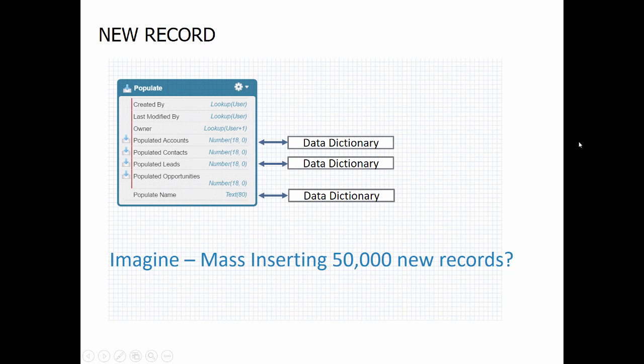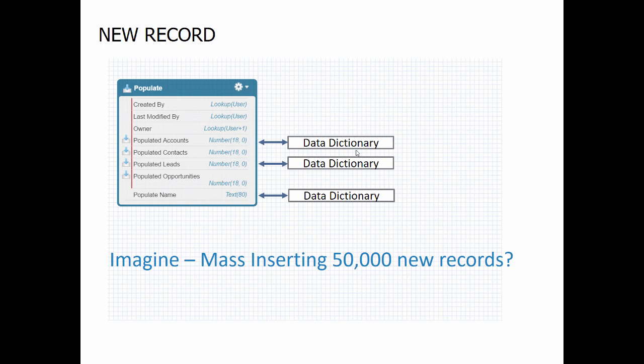Whenever you create a new record, let's say, for example, I've got 1, 2, 3 fields that have default values. Salesforce doesn't keep the default values stored within the record. It has to go out to something called the data dictionary. Now, I don't know exactly what Salesforce calls it, but let's just think of it as a dictionary that it has to look up the default value in and bring it back the minute it's trying to create the new record.